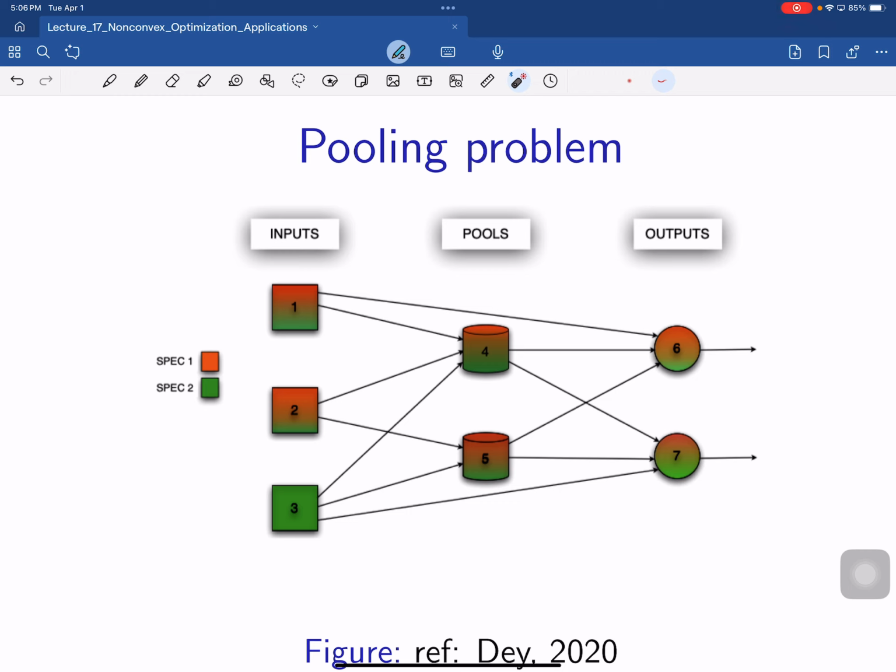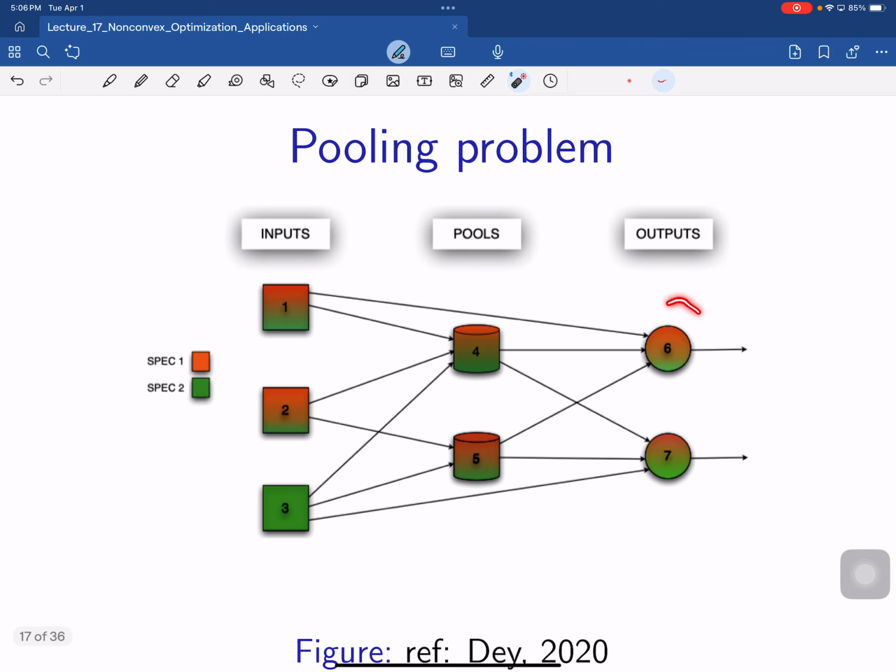In petrochemical company, it might be, let's say, sulfur concentration cannot be over a given threshold, right? Or some other hydrocarbon concentration has to be lower than a given threshold. Okay, so different product can have different specifications on red and green, right? Maybe for product 1, you need more red, and product 2, you need more green, right?